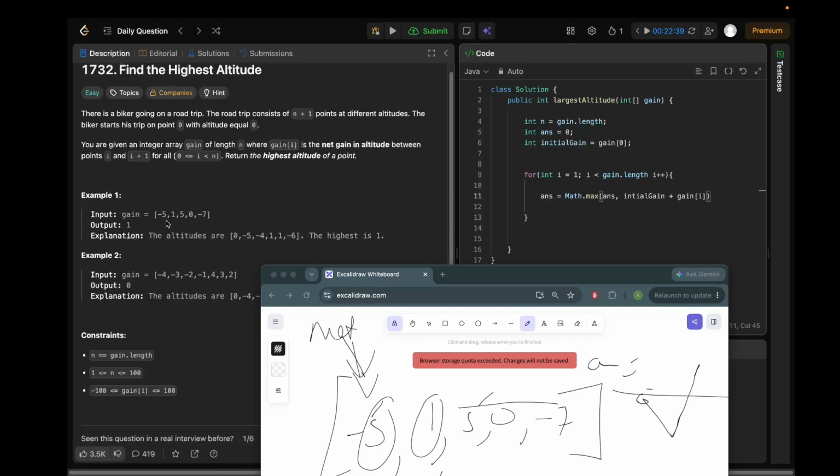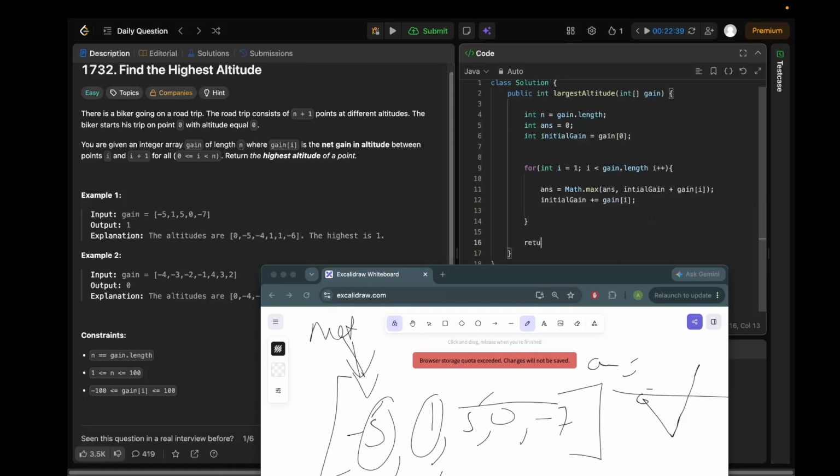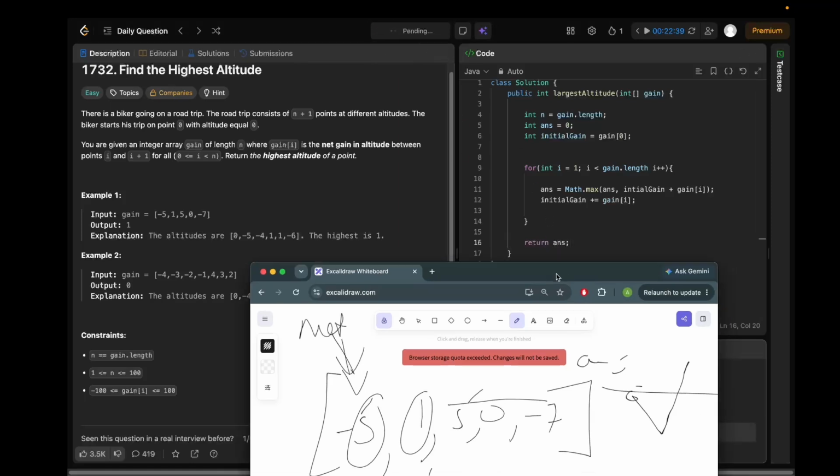So initially we're at -5, we add the gain, initial gain, and then okay, initial gain plus equals to gain bracket i. Right, we also change the value like that, and then we return the answer. I think this should be correct.